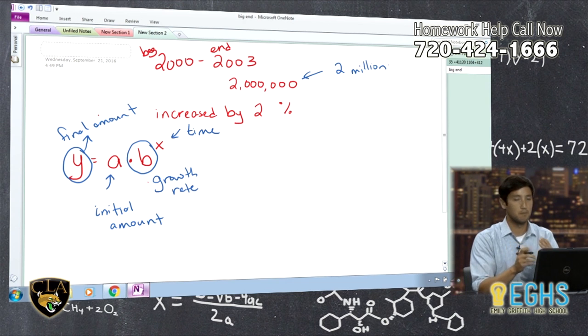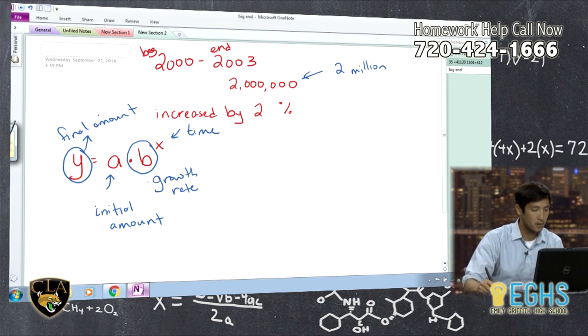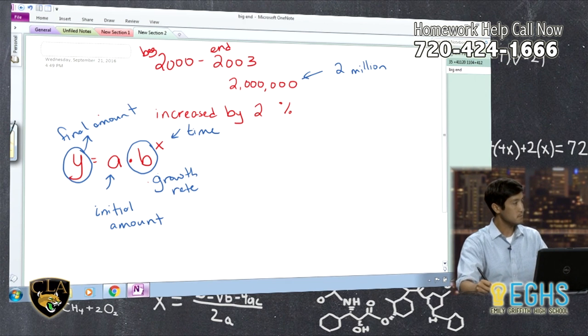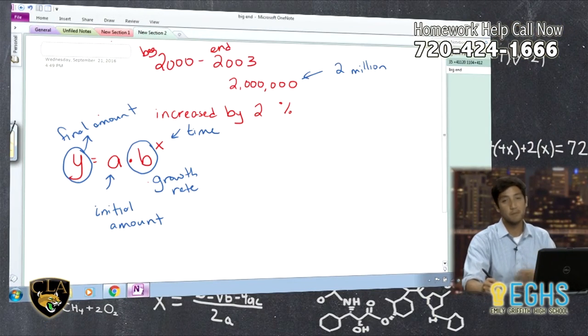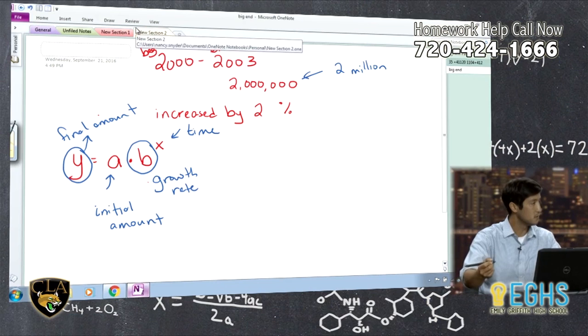So I like to just make an easier number to work with. We know that whatever our answer is going to be, it's in millions. Million is almost the label now. When we get our final answer, we'll probably have some crazy decimal, and we're going to end up multiplying it by 1 million.